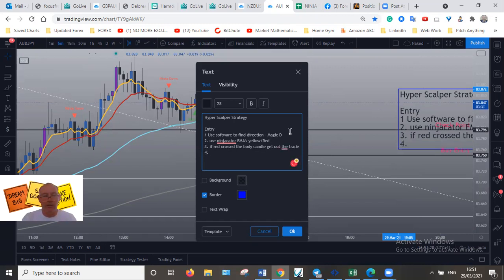Four, the 3 candle rule: if in consolidation, exit. Just check here.